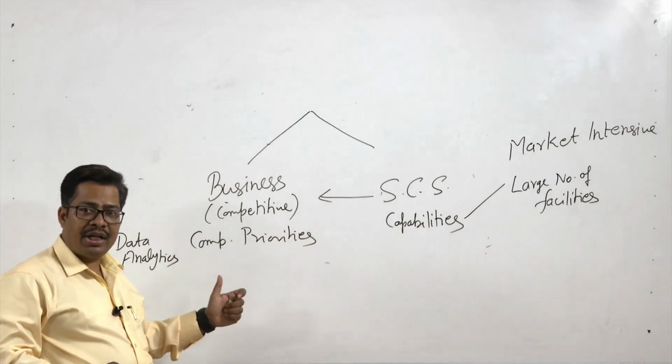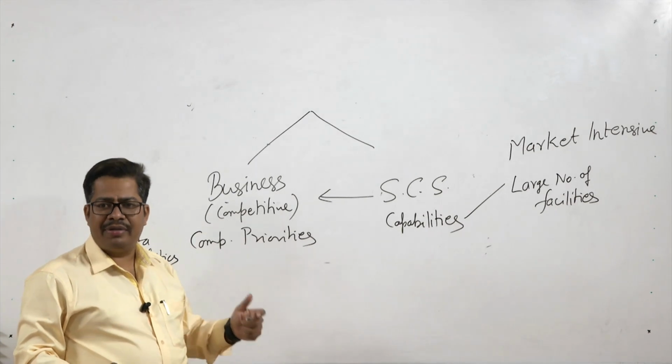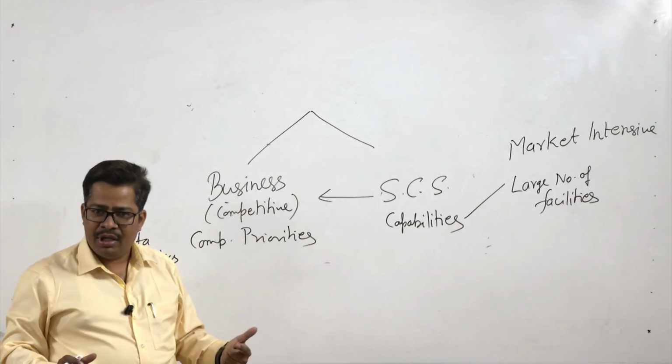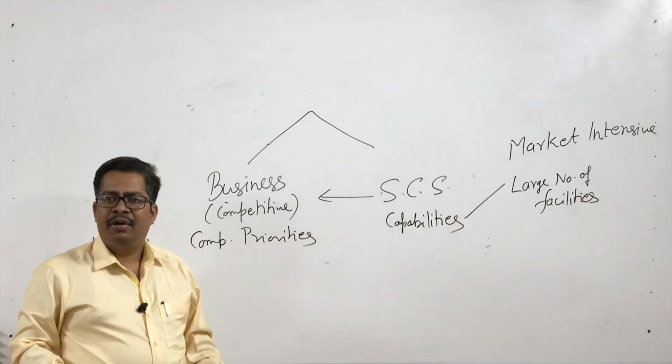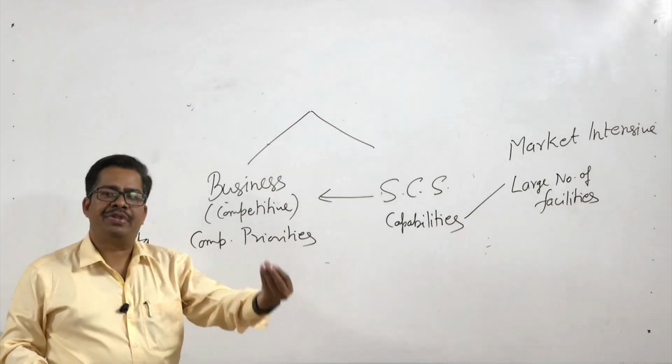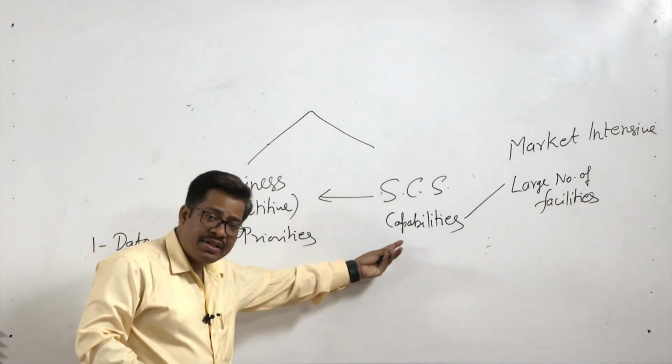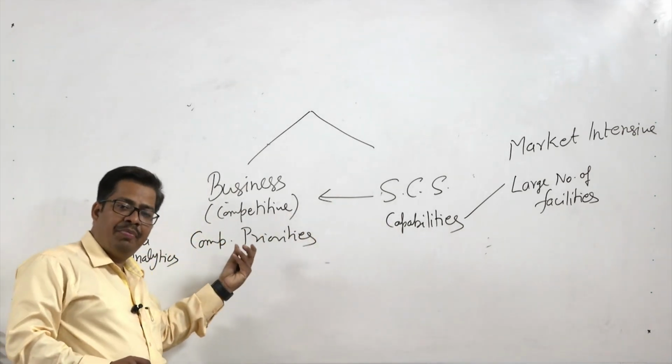But if I say that my customer follows the convenience way of purchasing, and yet my supply chain is following the selective way of distribution, then my supply chain strategy is not in line with my competitive strategy.